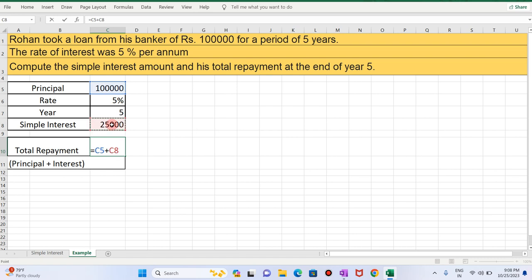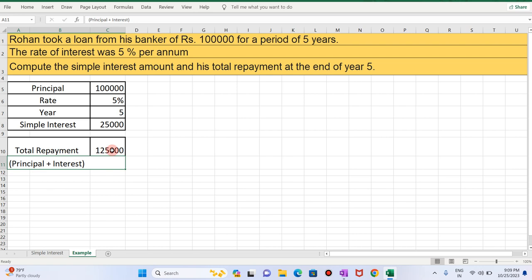Type, press enter. So at the end of 5 years, Mr. Rohan is going to pay to the bank 1,25,000. Okay, that means he took a loan of 1 lakh, but he is paying an extra 25% to the bank.